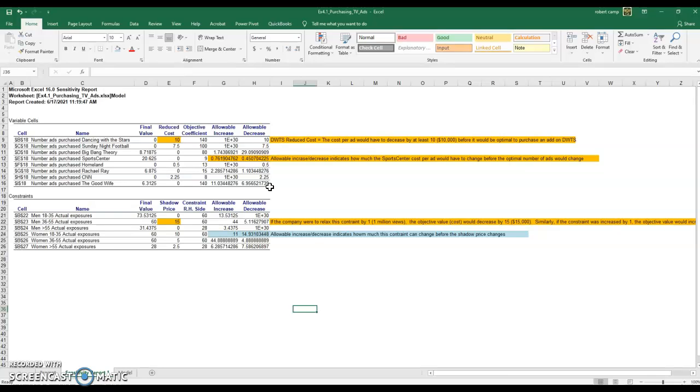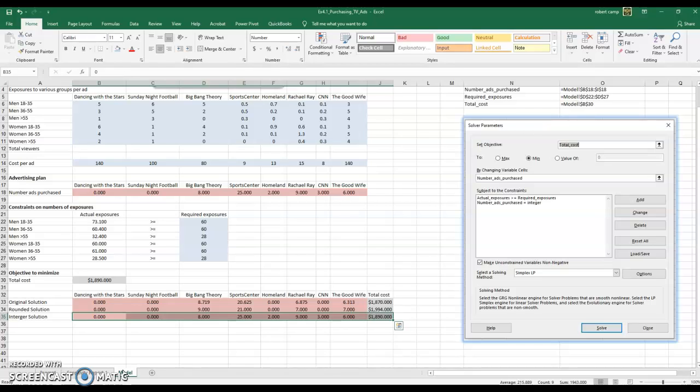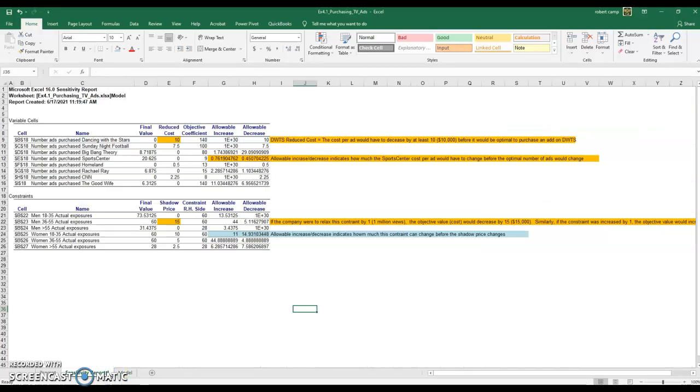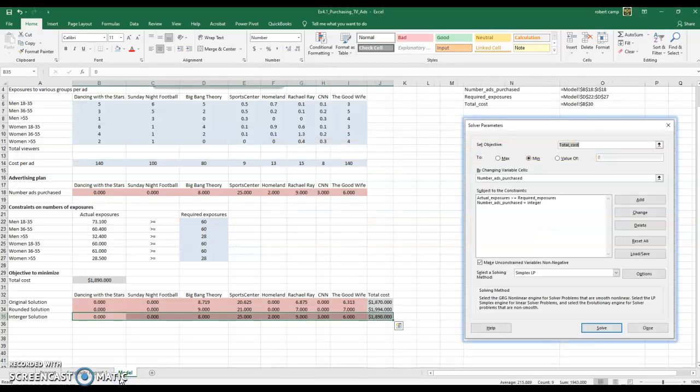Sensitivity reports are great. Unfortunately, they're really only good for a general optimized solution, which is why when we're running an integer solution like this, it is good to run the non-integer solution first, generate the sensitivity report so we have an idea of what's going on, and then run it again with the integer solution so we get a complete picture of the problem.